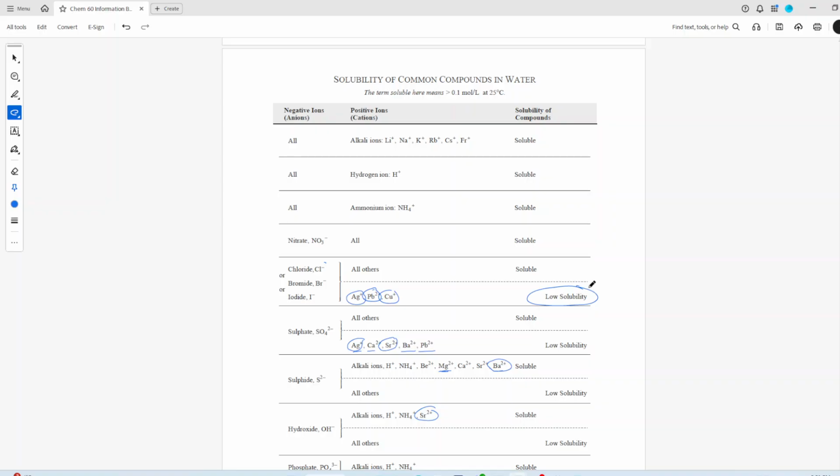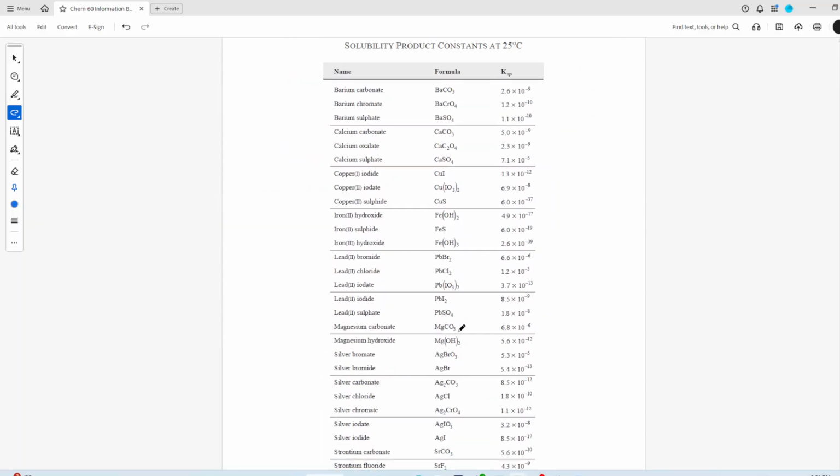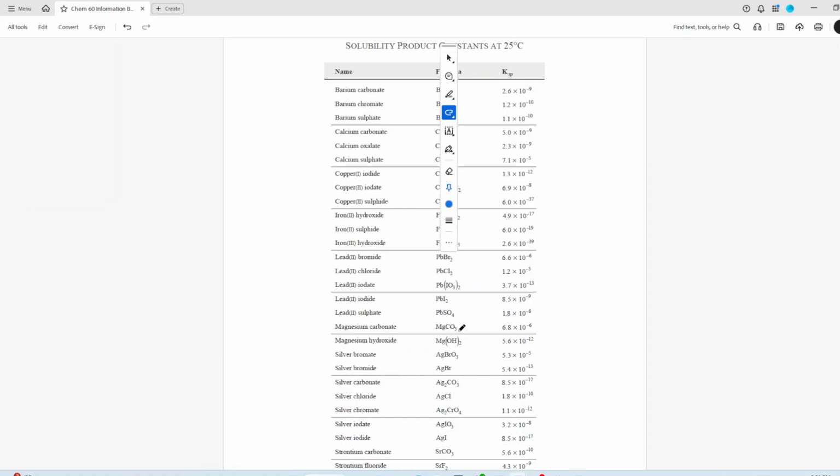But even within the realm of low solubility, there are variable amounts of solubility. The word low just means that it will dissolve or dissociate some, but the question is how much. This next table gives you more of an idea of how much it's going to dissociate.